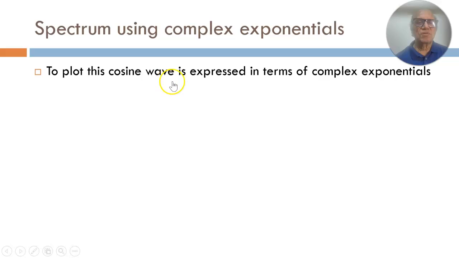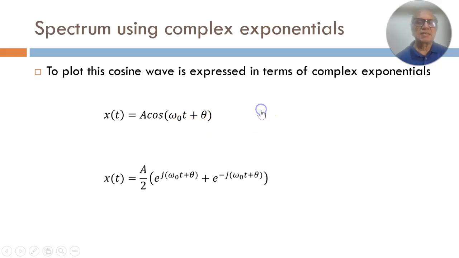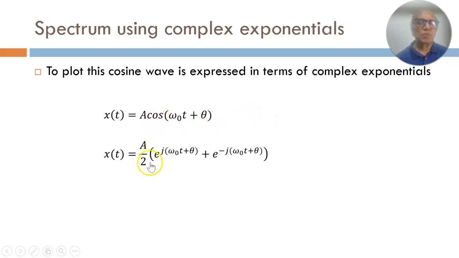To plot this, the cosine wave is expressed in terms of complex exponentials. Suppose we have a signal x(t) is equal to A cos(omega naught t plus theta). Then you can write this x(t) as A by 2 times e raised to j(omega naught t plus theta) plus e raised to minus j(omega naught t plus theta).